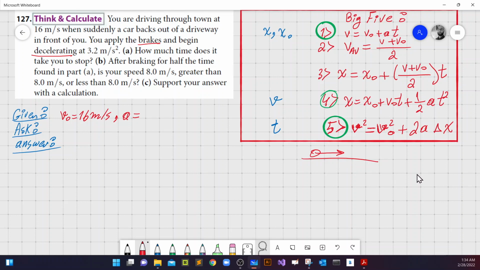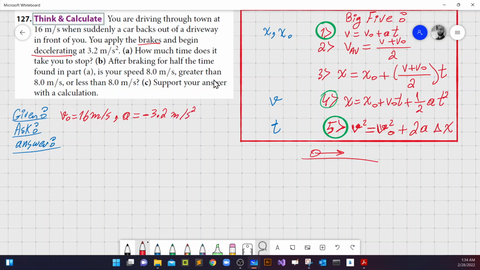If the velocity has the same direction as the acceleration, then we have accelerated motion, so we need to add a negative sign: negative 3.2 meters per second squared.